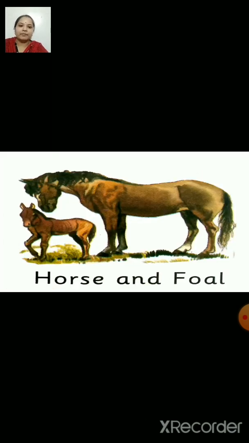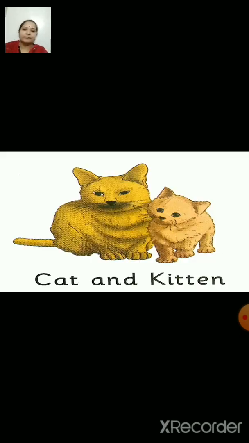Yes, the small one of the cow is called a calf. A cow gives birth to a baby calf. And a horse gives birth to a foal. A cat gives birth to a kitten. A goat gives birth to a kid.